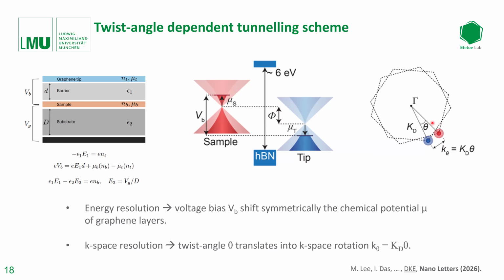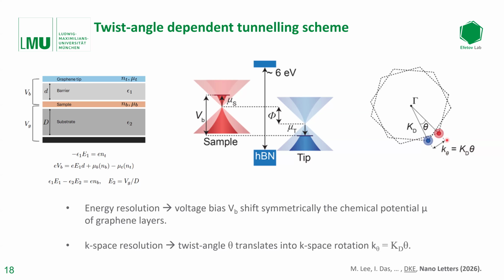The second really important ingredient here is, of course, the momentum cross-section of such a tunneling process, because we are not dealing with two Dirac cones sitting directly on top of one another. We rotate them by twisting the orientation of the top and bottom layer, so we induce some K-space mismatch between the two Fermi surfaces.